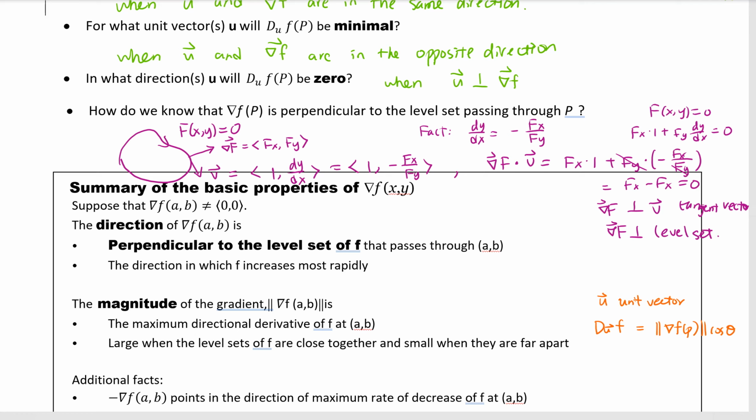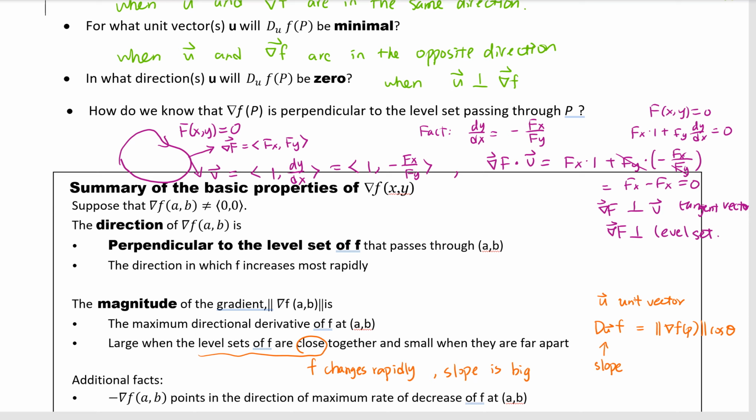If the level sets are close, which means f changes rapidly, then the slope in any direction is big. It's either positive, increasing, or negative, decreasing, but the magnitude of the slope is big.